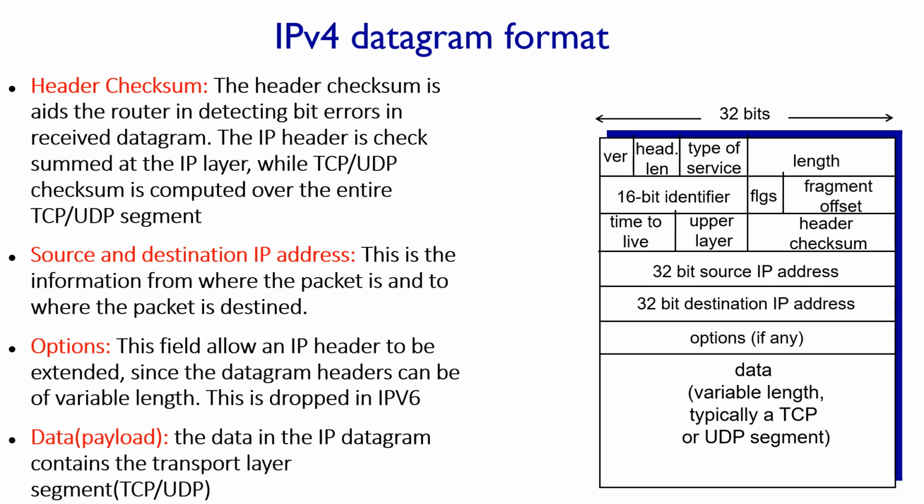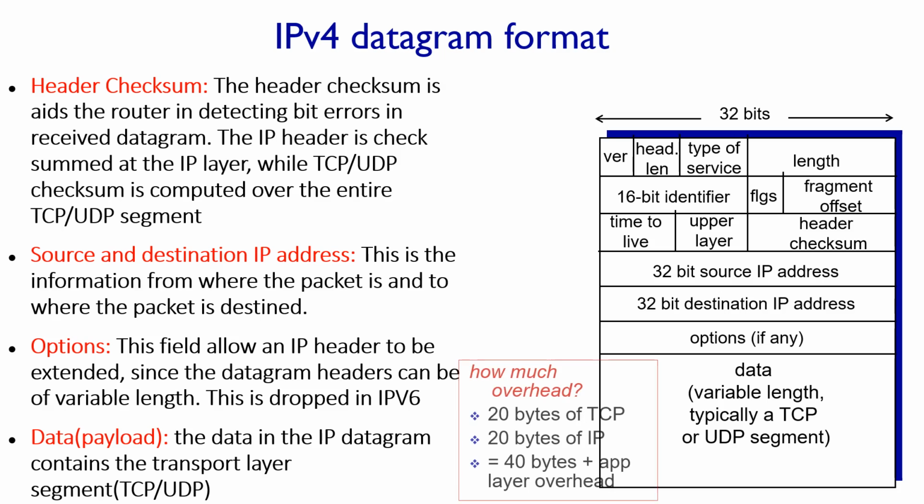And the last field of the datagram is data or payload, which contains the TCP layer segment or UDP layer segment. That is the actual data to be sent. These are the various field explanations in IPv4.